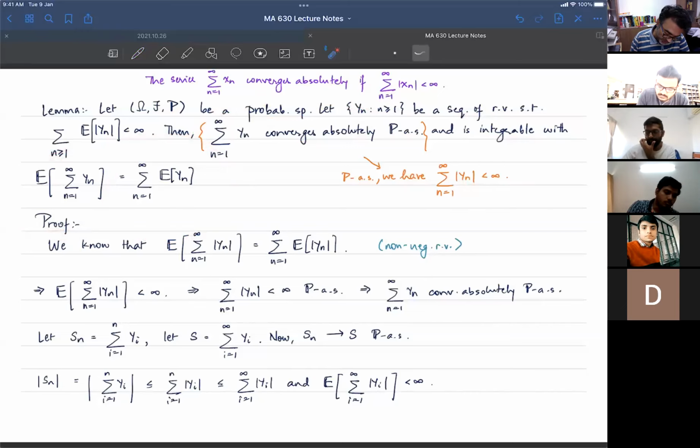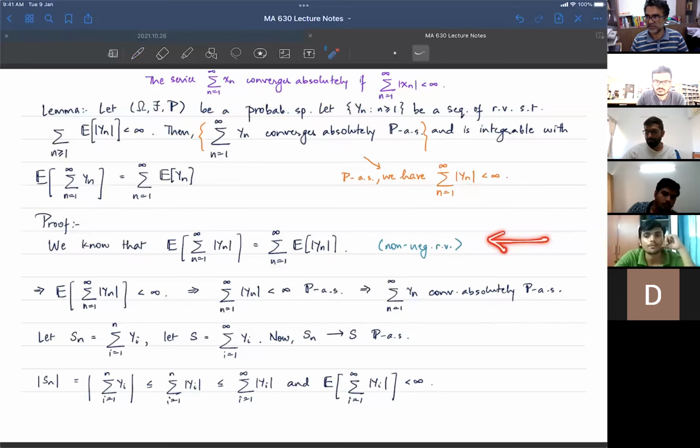All right, so what do we know? We know that the expectation of the sum n going from 1 to infinity of the absolute value of Yn is the sum n going from 1 to infinity of the expectation of the absolute value of Yn. Why is this line true? This line is true because we're talking about non-negative random variables. For non-negative measurable functions, the integral of a sum is a sum of integrals.